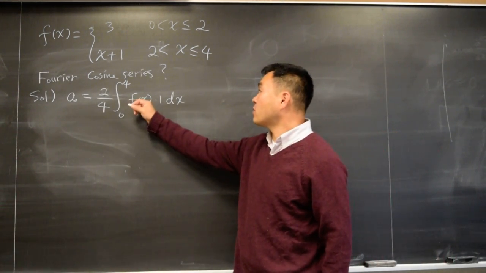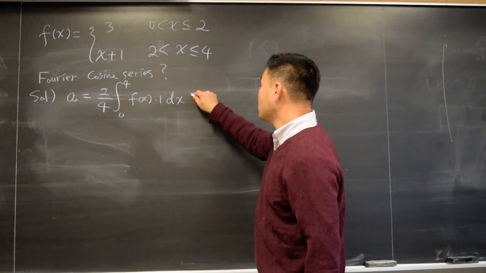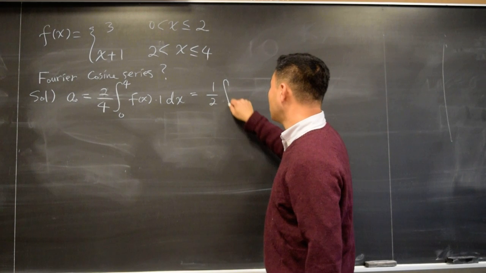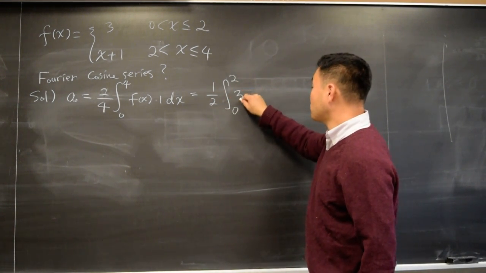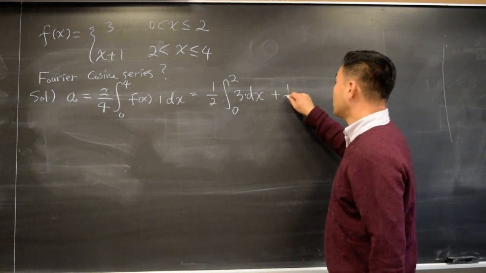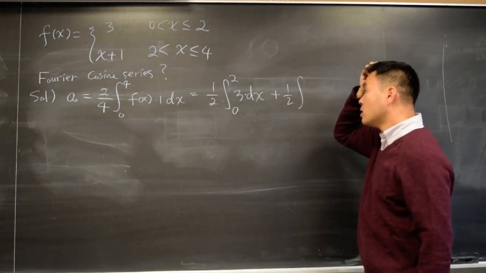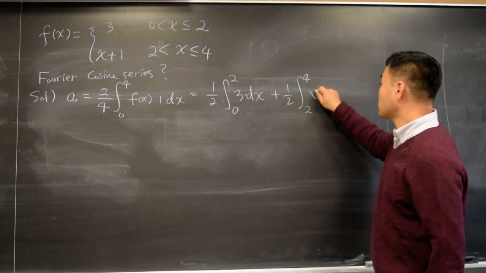But because f of x has two different formulas from 0 to 2 and 2 to 4, you have to write this down as one integral from 0 to 2, where you use the formula 3, and then another from 2 to 4, where you use the formula x plus 1.